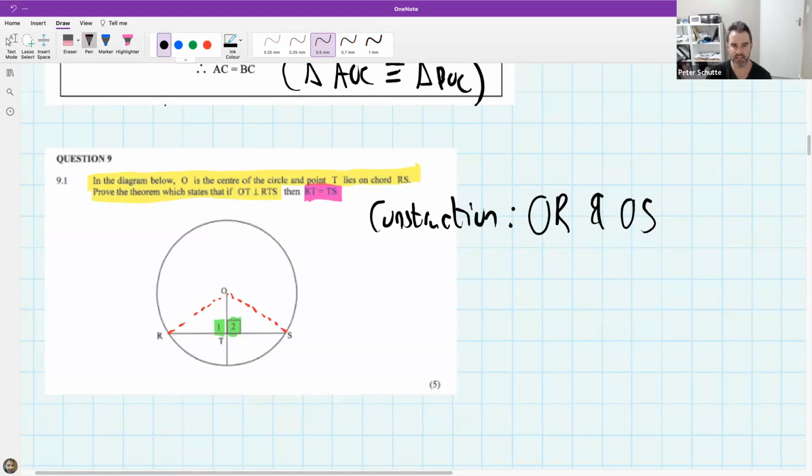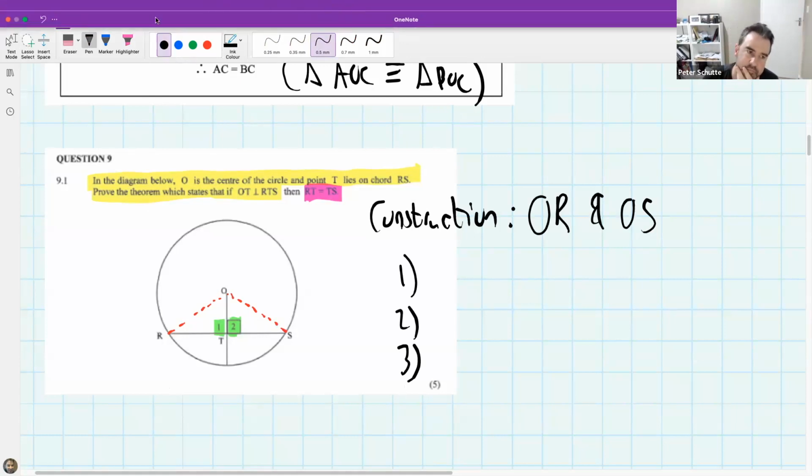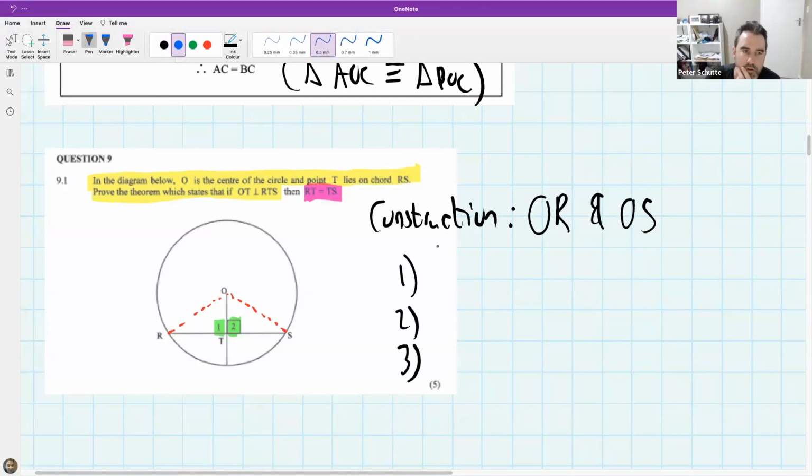Now, what's my next step going to be? Well, my next step is going to be to try and prove 2 triangles are congruent. And when I prove that triangles are congruent, there's 3 pieces of information that I have. What are those 3 pieces of information that I need? So Fatejo has told me OT is common.